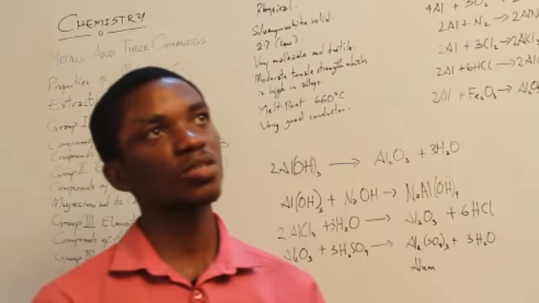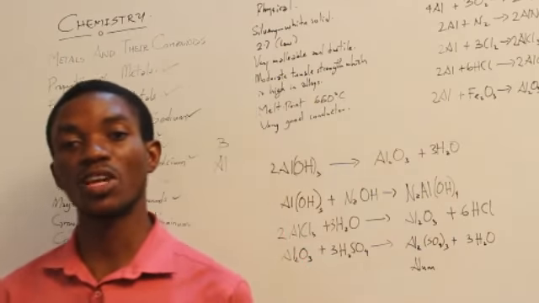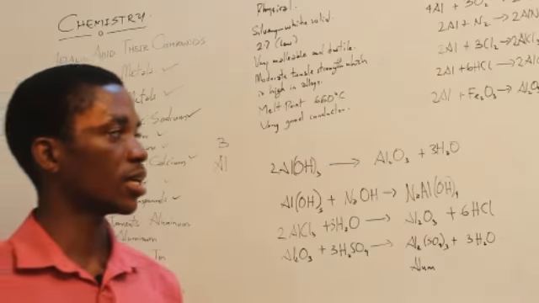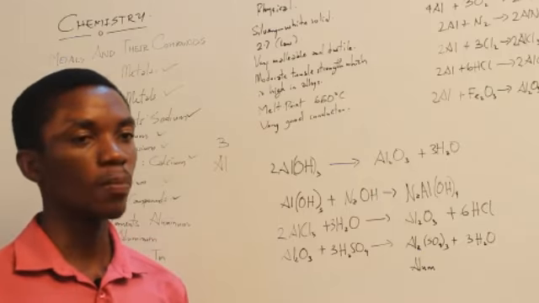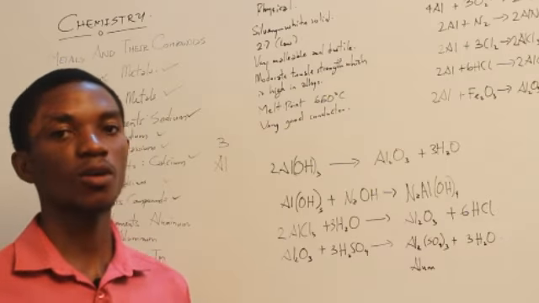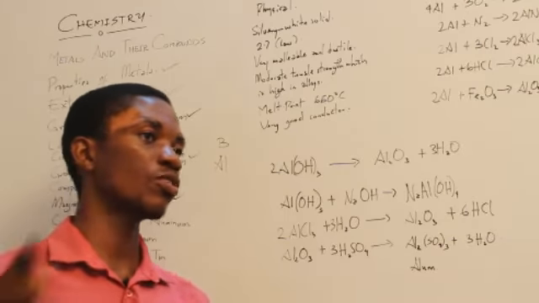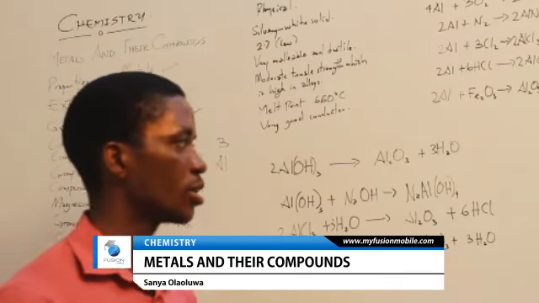It is used for making overhead cables. Of course, it's a very good conductor of electricity, and it is cheaper. Aluminium is cheaper than copper, though copper is a better conductor of electricity. But since aluminium is cheaper and those overhead cables will run for very long distances carrying very high voltage, aluminium can do that.